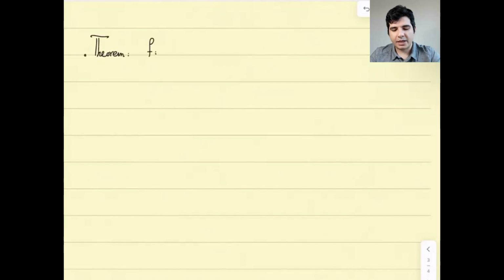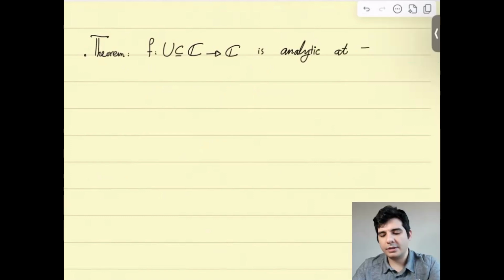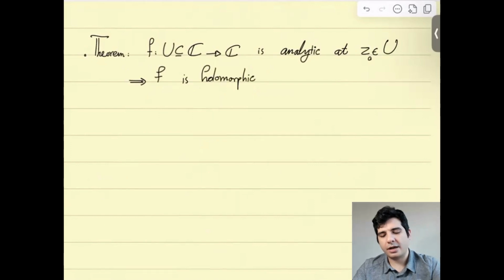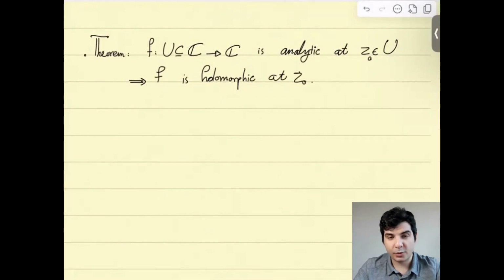Suppose f defined on some region U is analytic, say analytic at some point z naught in U. Then we want to show f is holomorphic at this point, so that at this point it satisfies the Cauchy-Riemann equations, right? This is what we want to prove.